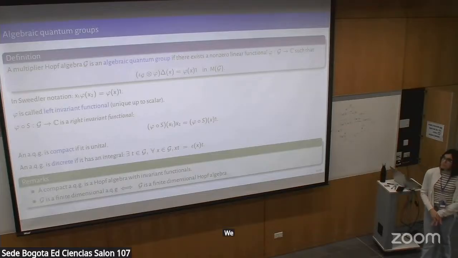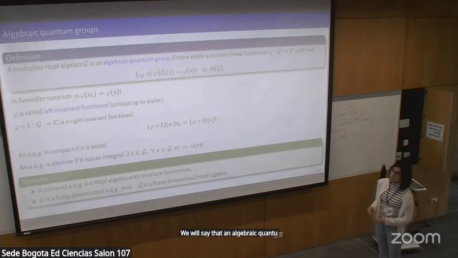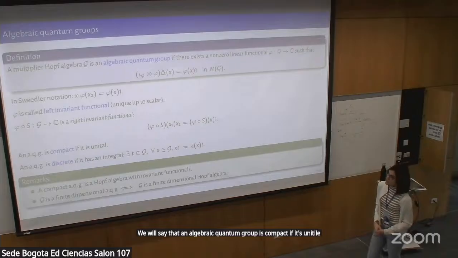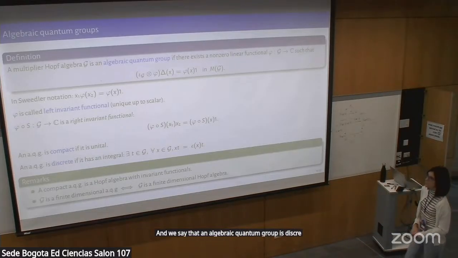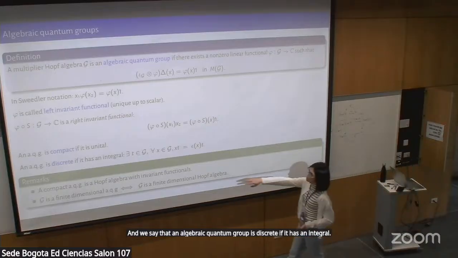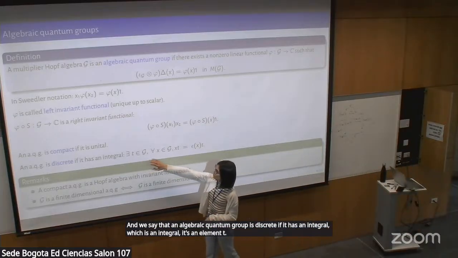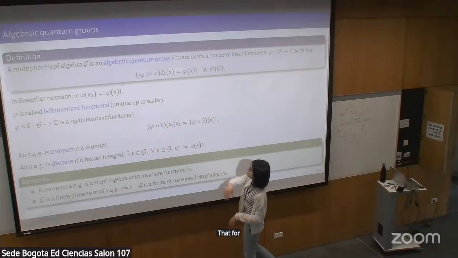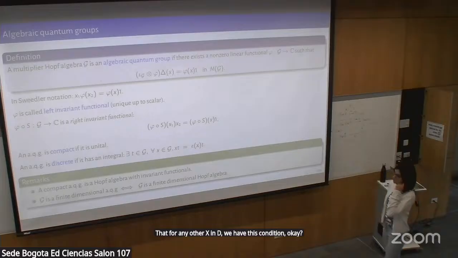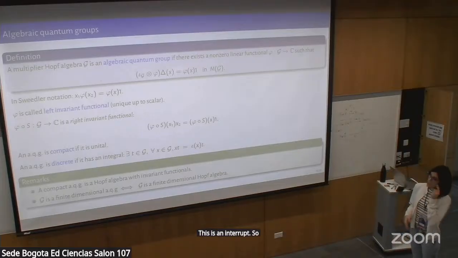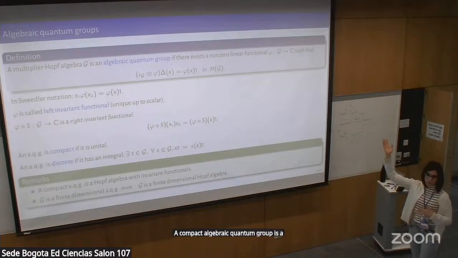We will say that an algebraic quantum group is compact if it is unital, and we say that an algebraic quantum group is discrete if it has an integral, which is an element t such that for any other x in G, we have this condition. This is an integral. So a compact algebraic quantum group is a Hopf algebra with invariant functionals.